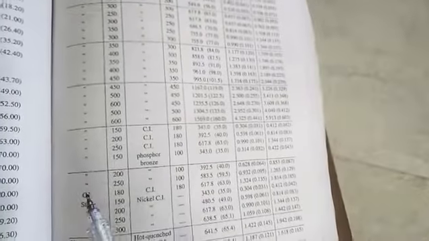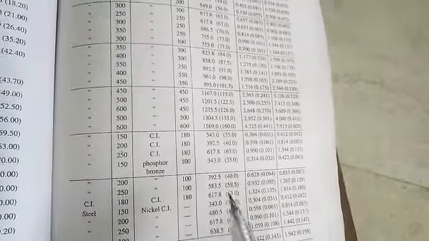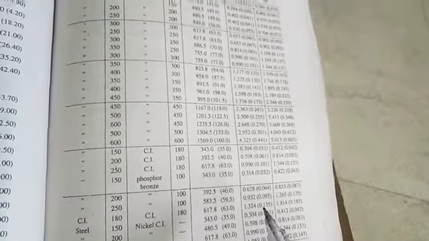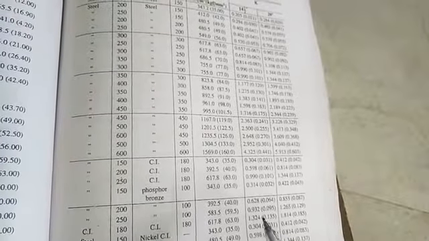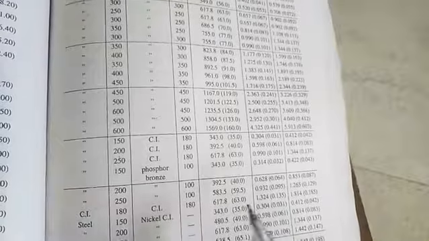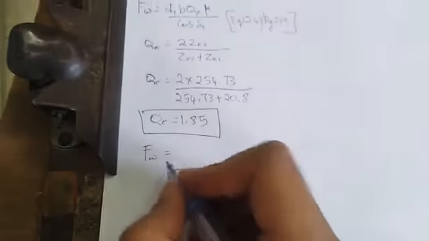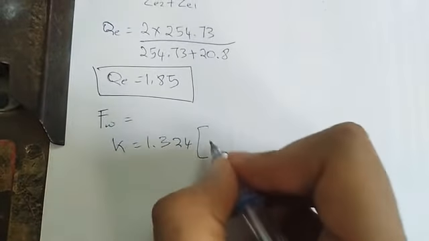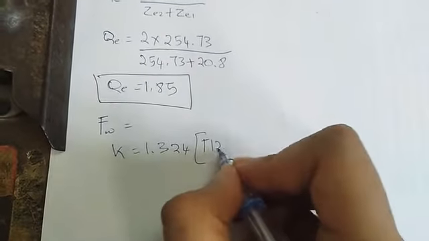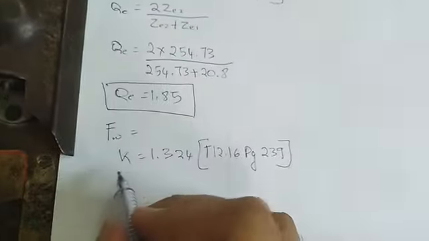Our material given in the question is cast iron for both pinion and gear, and the hardness is 180 BHN. The pressure angle given is 14.5 degree, so we consider this column, and the value of K is 1.324. From table 12.16, page number 239, we have considered the value of K.